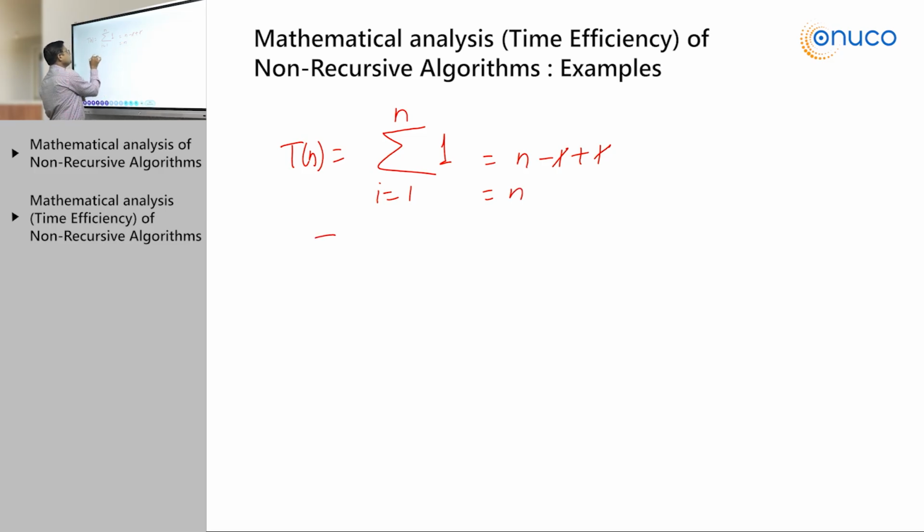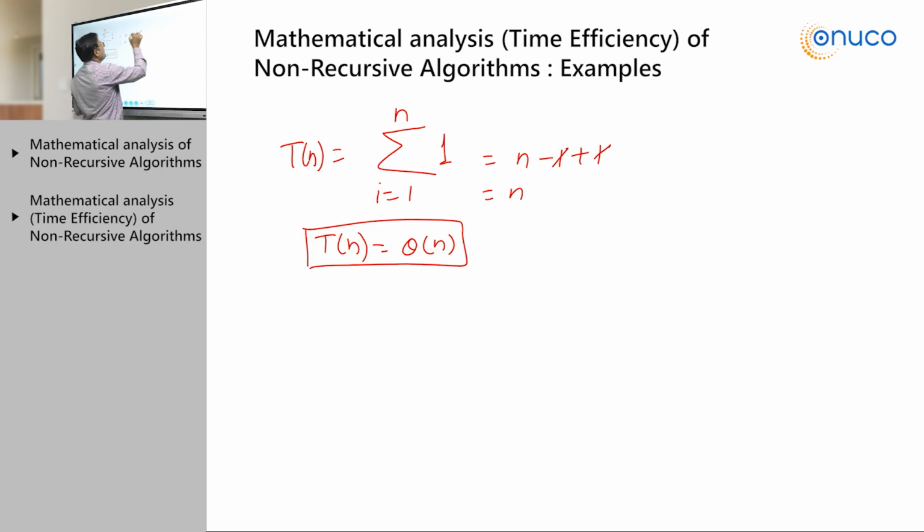So time complexity for factorial using non-recursive algorithm is theta of n, right?